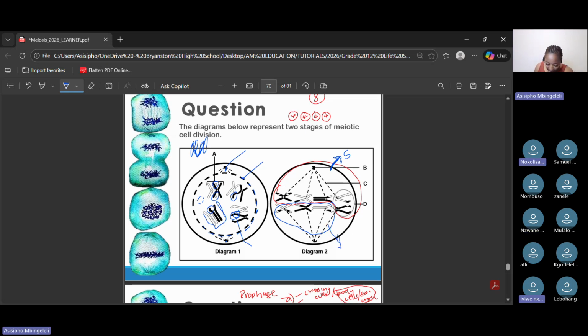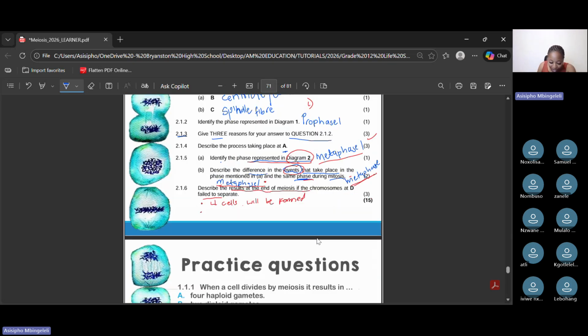Then these ones in blue, how many chromosomes will that cell have? 3 chromosomes. Now, what do we expect to see at the end of meiosis? Let's answer our question. From the 4 cells, that means 2 cells are going to have how many chromosomes each?